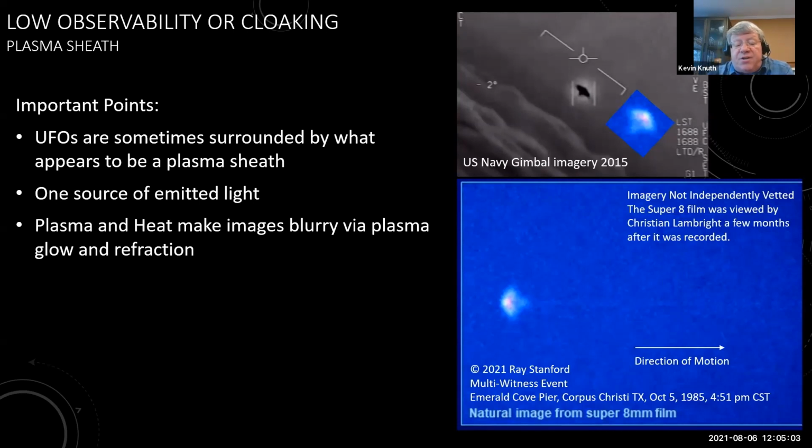And I'm comparing it to another image that was taken by Ray Stanford back in 1985. And this was a multi-witness event from Corpus Christi, Texas, where several of these disc-shaped objects were seen moving across the sky. And he filmed this with a Super 8 camera.